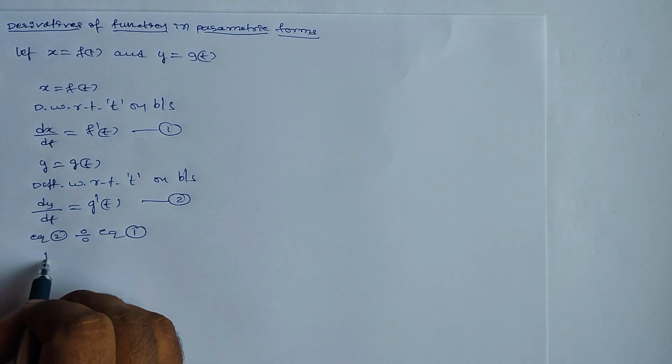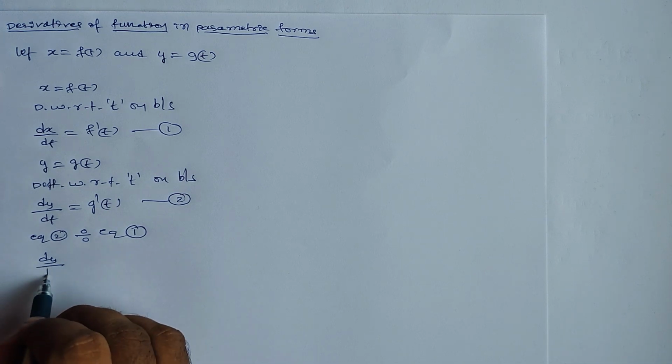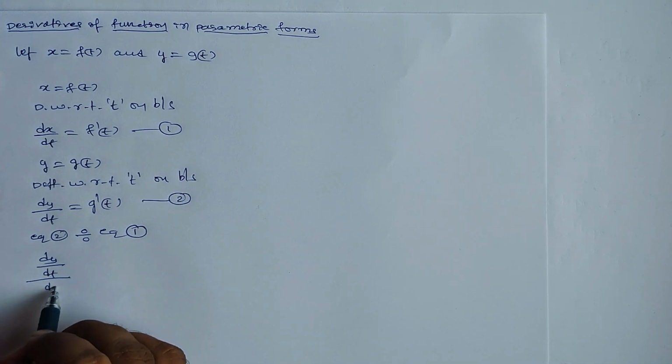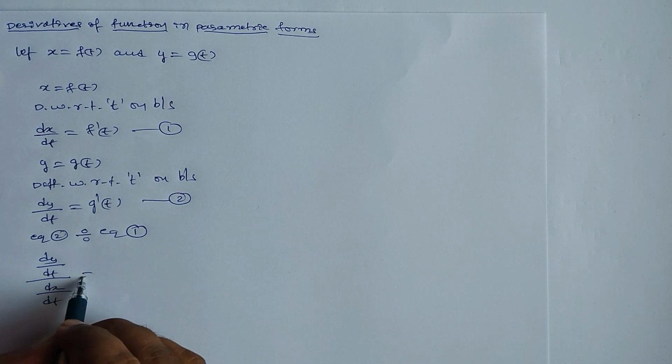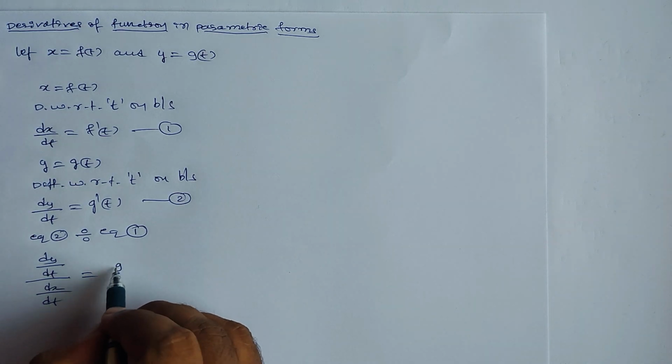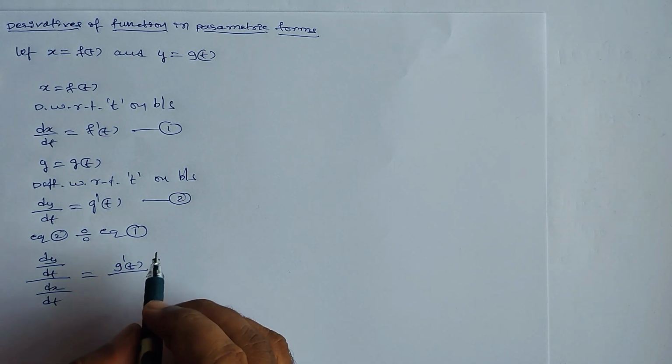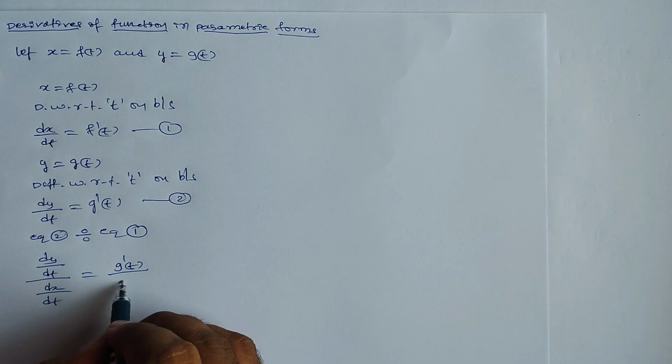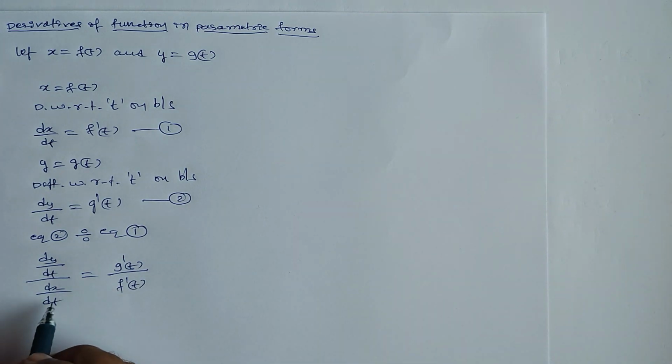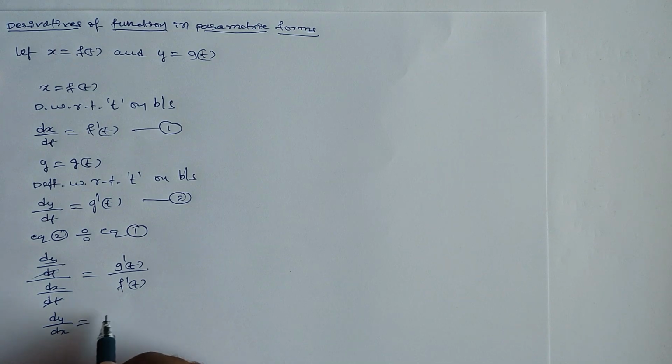That becomes dy by dt divided by dx by dt is equal to, what is dy by dt? g dash of t. What is dx by dt? f dash of t. So now dt cancels, dy by dx is equal to g dash of t divided by f dash of t.